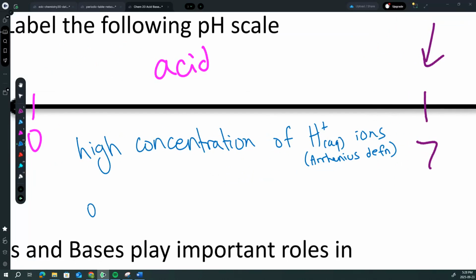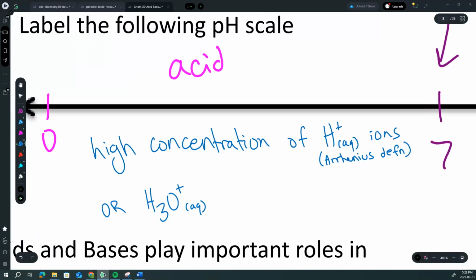Or eventually we'll start talking about the modified Arrhenius definition of acids and bases, which will expand to include hydronium ions, which is just this, H3O plus.